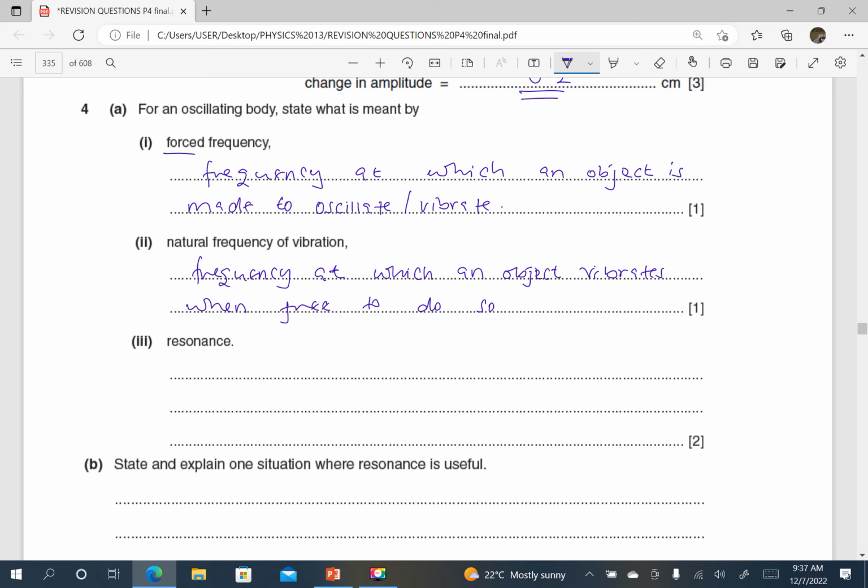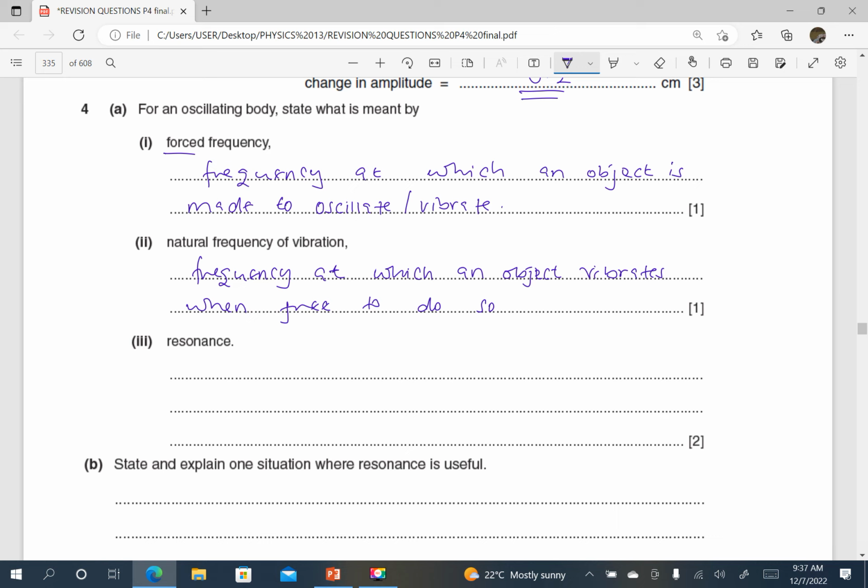Then resonance: when the forced frequency balances with the natural frequency of a system, the system is going to absorb maximum energy and vibrate with maximum amplitude, and we say that resonance has occurred.